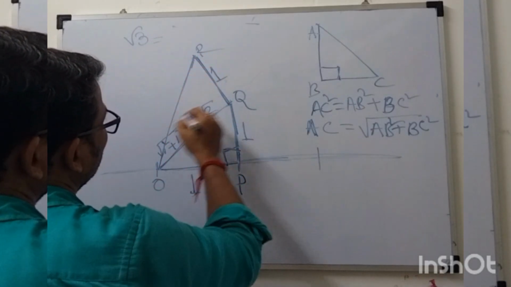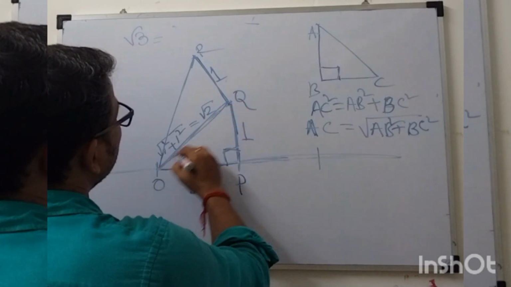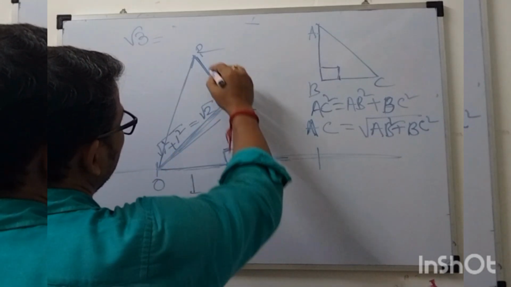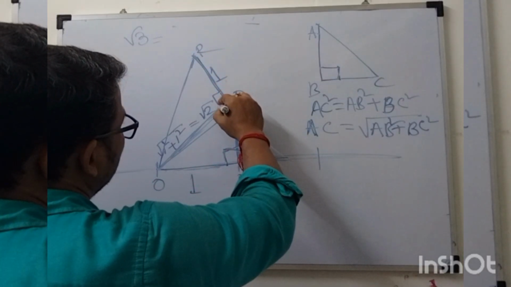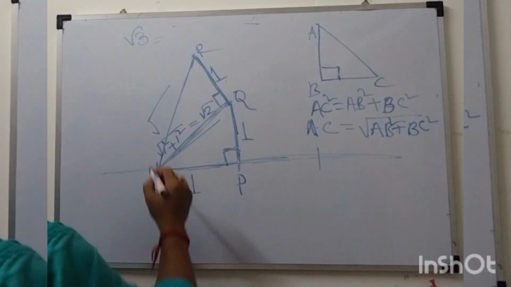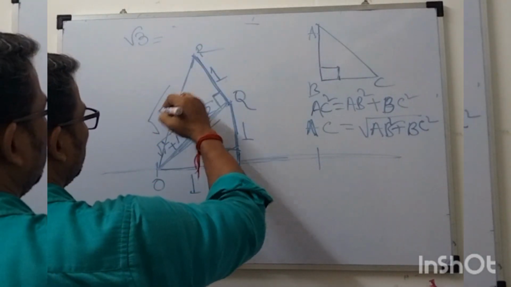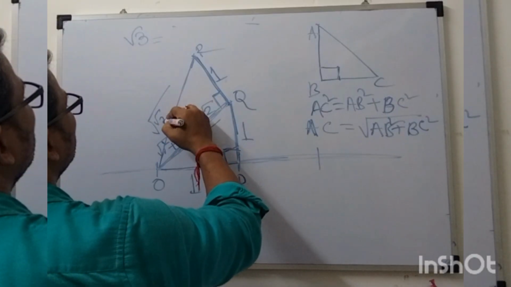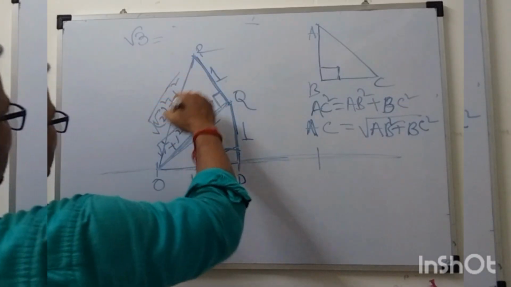If we join this OR, so OQ is root 2, OQ is the base and RQ is the perpendicular and this angle is the right angle. So according to Pythagoras theorem, OR will be root over root 2 square plus 1 square.